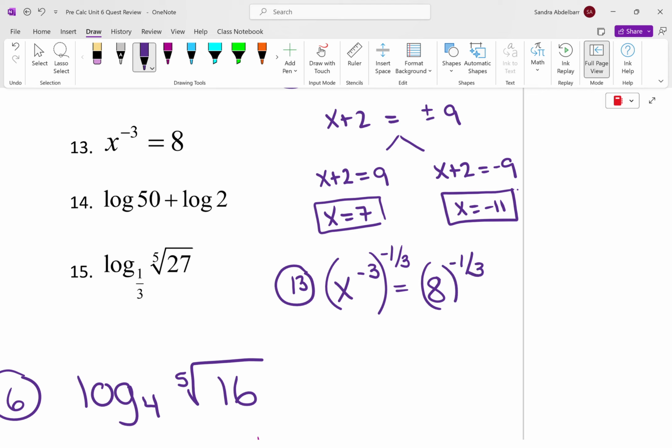So I'm going to raise this to the negative 1/3. So this is going to be x is equal to 8 raised to the negative 1/3. Well, isn't that just going to be 1 over 8 to the 1/3? Yeah. But that will just equal x equals a half.